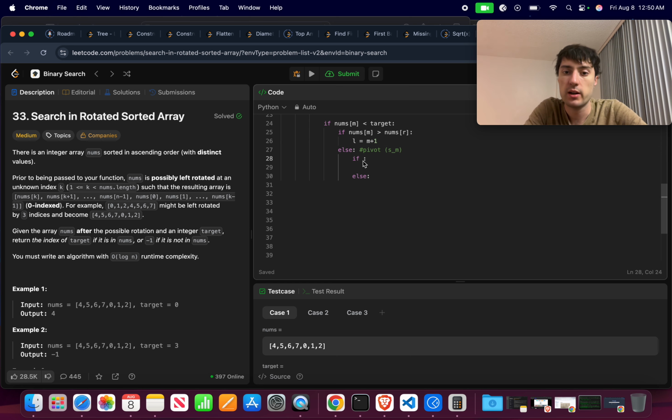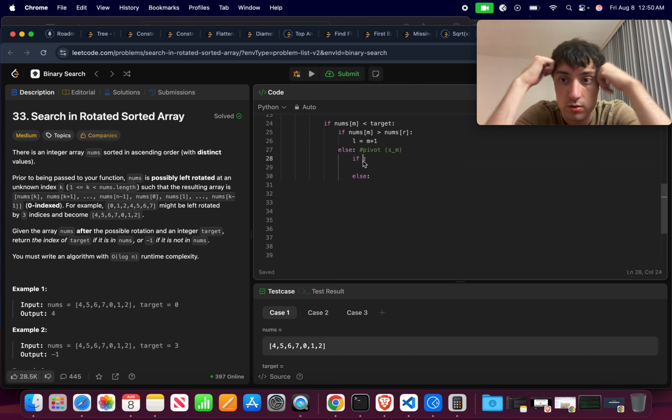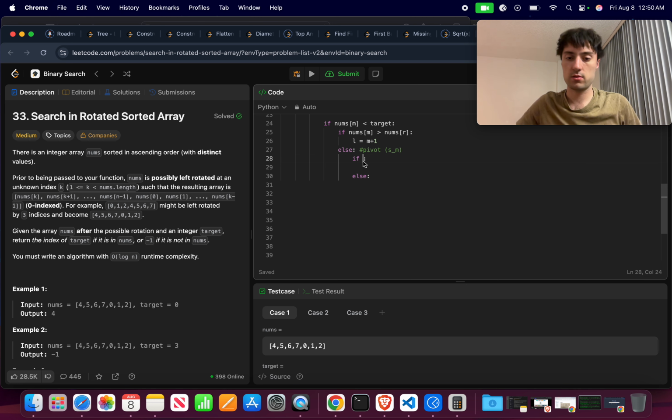So now I am looking for the point which is bigger, right? So I need to check my ends, right?